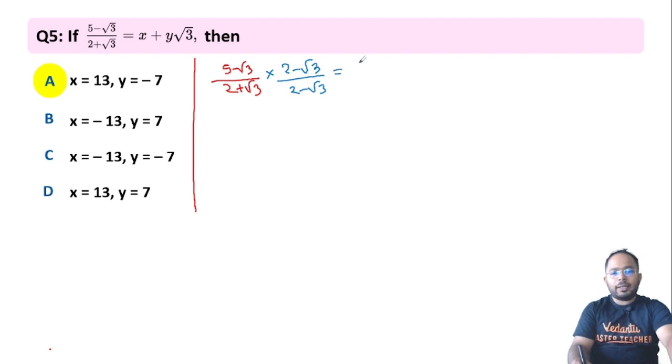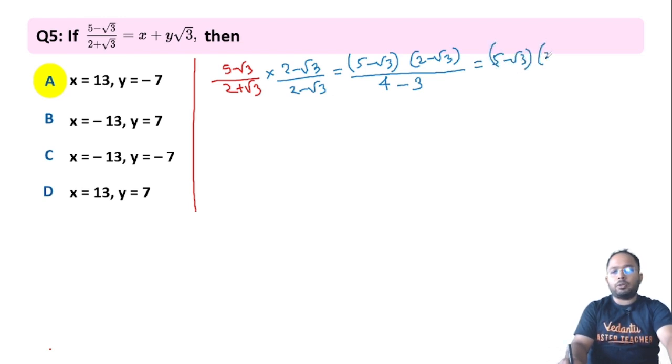So what we get? 5 minus root 3 into 2 minus root 3 upon, this becomes 2 square is 4 minus under root 3 whole square. So that gives 3. So that gives 5 minus root 3 into 2 minus root 3 by 1.